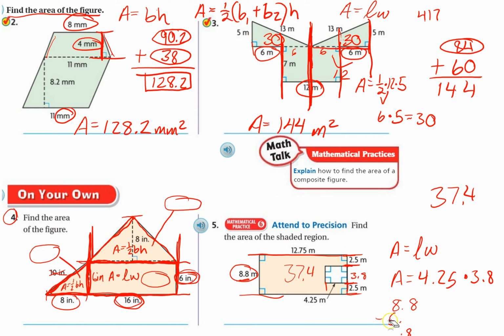Okay, so now I'm going to work this out as a vertical multiplication problem. I'm going to erase again, you don't need to. So now I have my length, 4.25, times the 3.8.